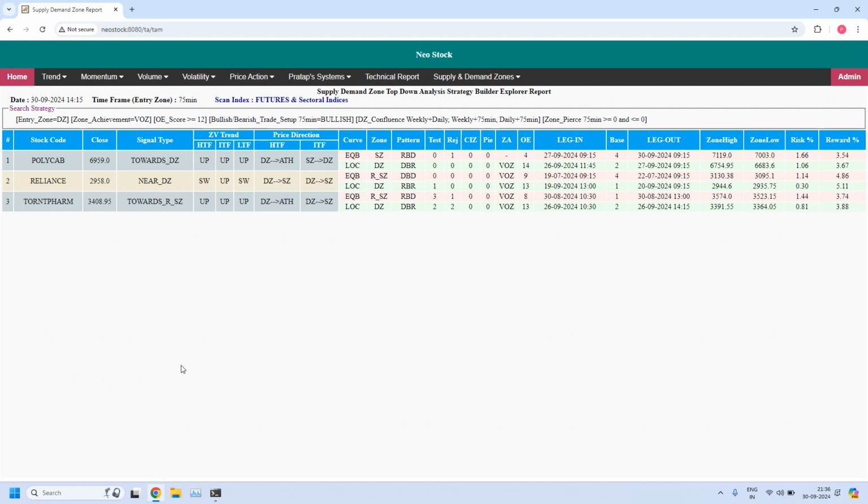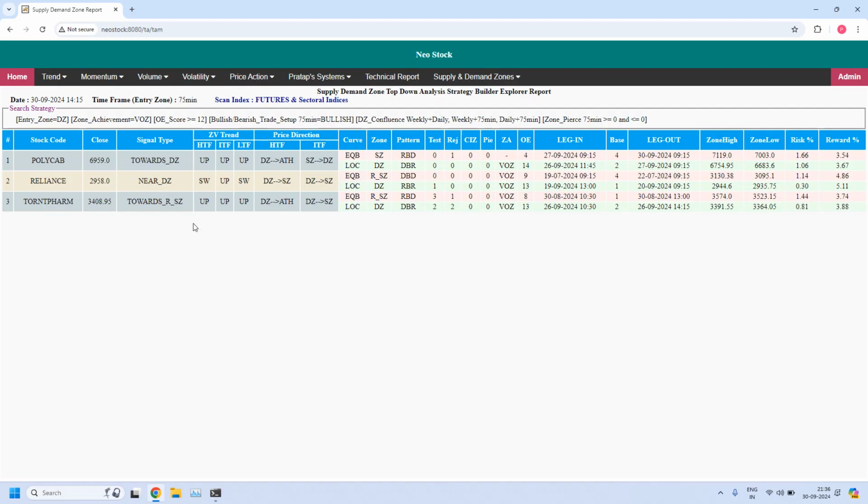We got 3 stocks. All these 3 stocks are currently supporting bullish trade setup for weekly income trade, and also having LTF, ITF, HTF confluence.